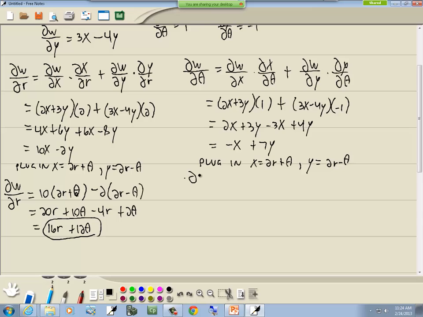So partial of w with respect to theta is going to equal negative, 2r plus theta, plus 7 times 2r minus theta. That gives us negative 2r minus theta plus 14r minus 7 theta, which gives us negative 2r plus 14r is 12r. Negative theta and negative 7 theta is negative 8 theta. Oops.